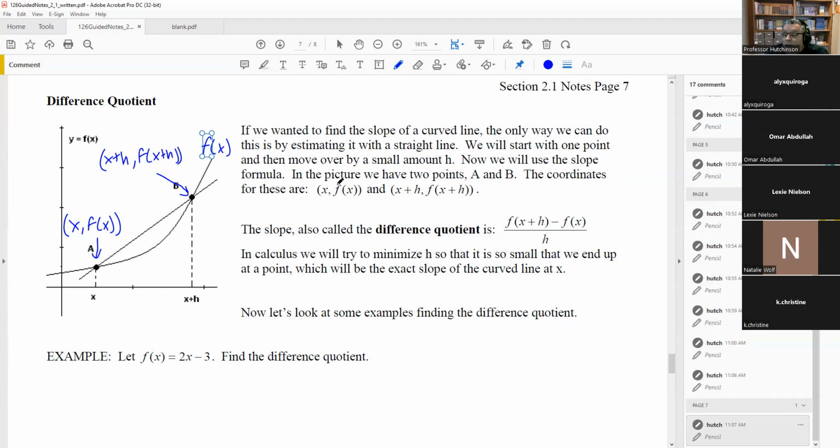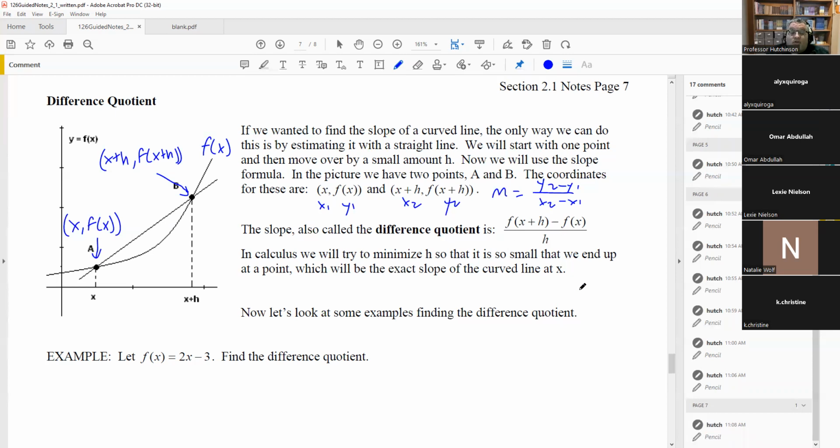If I call this x1, y1, x2, y2, I could put it into the slope formula, y2 minus y1 over x2 minus x1, and you're going to get this equation down below. y2 minus y1 is f of x plus h minus f of x on top. On the bottom, I have x2 minus x1. If I have x plus h and I subtract x from it, that's just going to give me an h on the bottom.